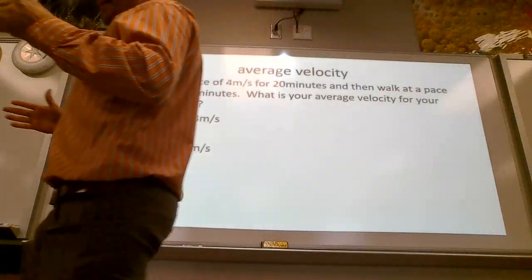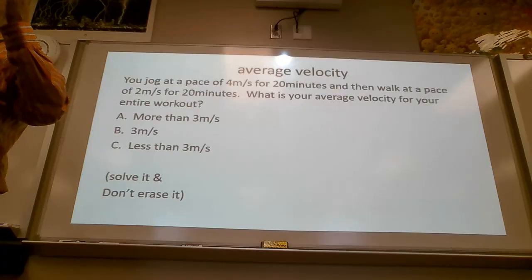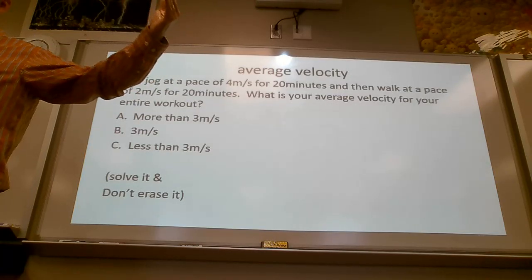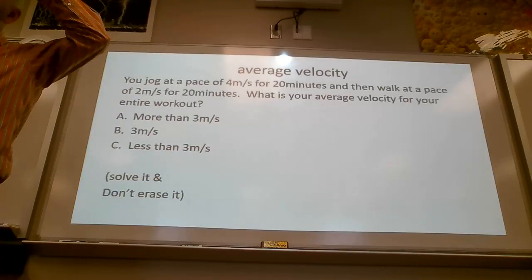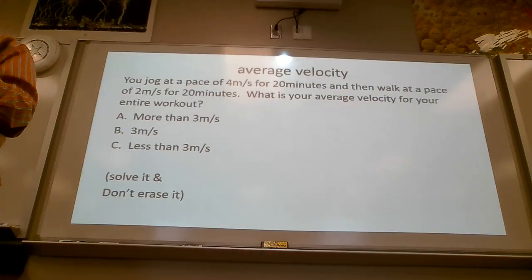Here, we have the same object, but there's multiple stages of the journey. What you want is a list of variables and an equation for each stage. So you want the jogging phase and the walking phase. Does that make sense?